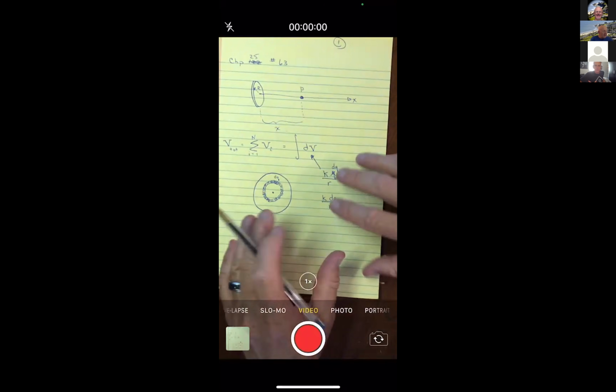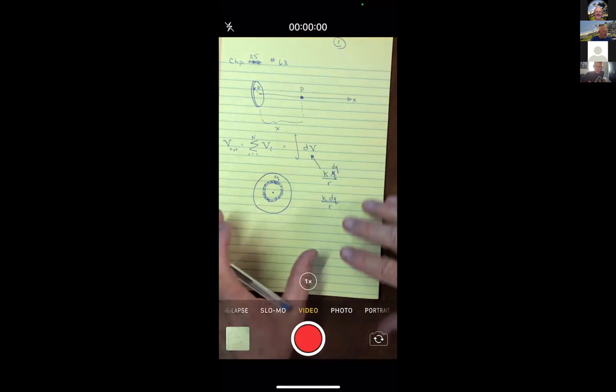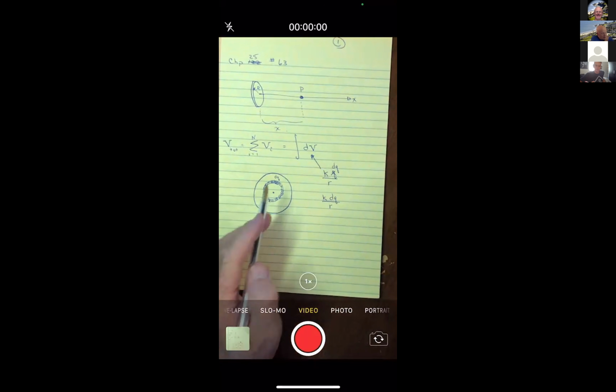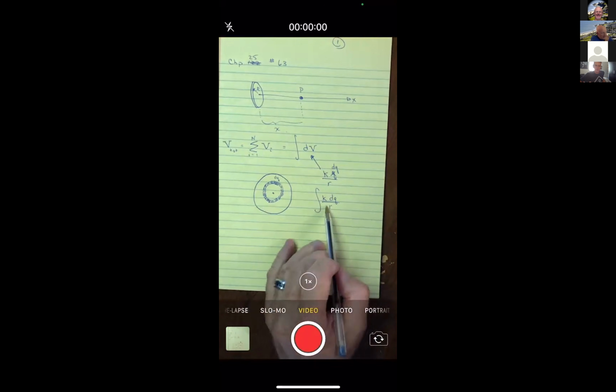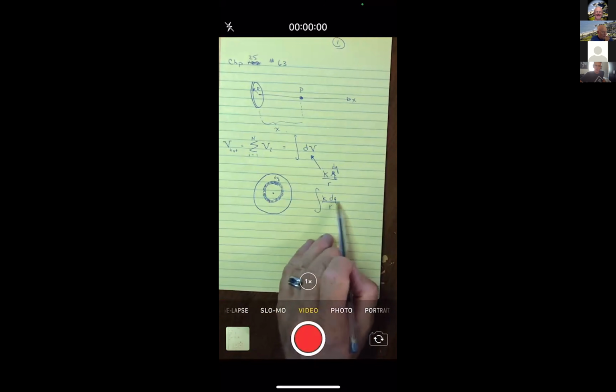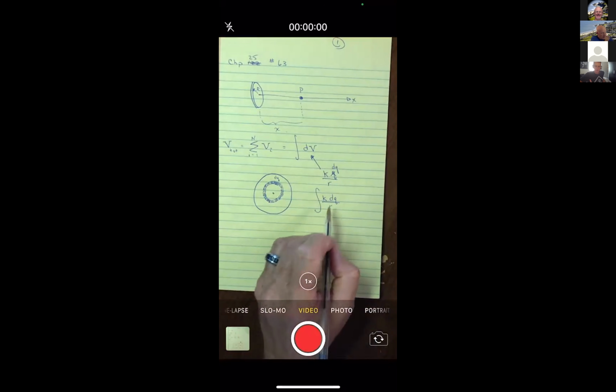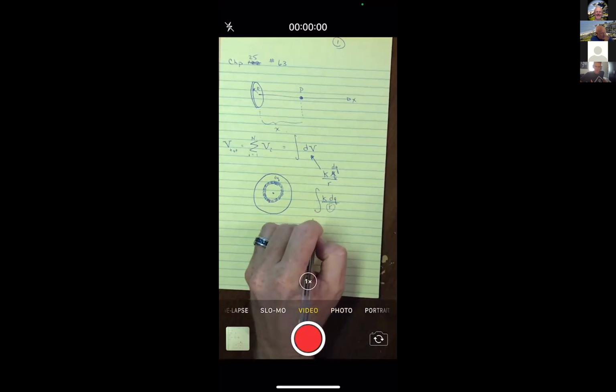So let me not think about the whole disk for a moment. Let me just think about adding all these dq's. So if I did this, if I said, let's do an integral of just these dq's here, they would all be the same distance away.